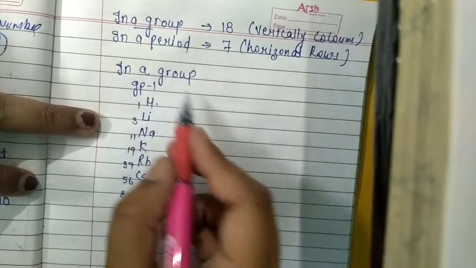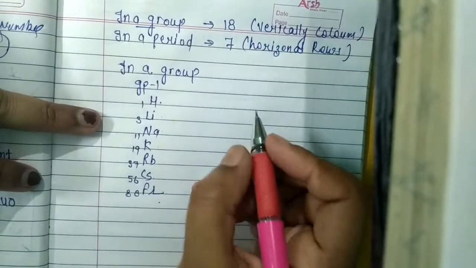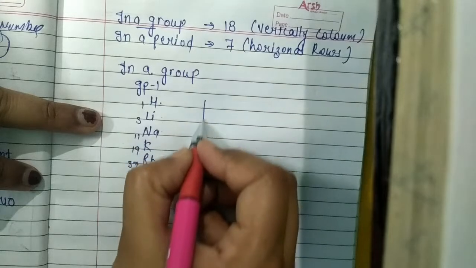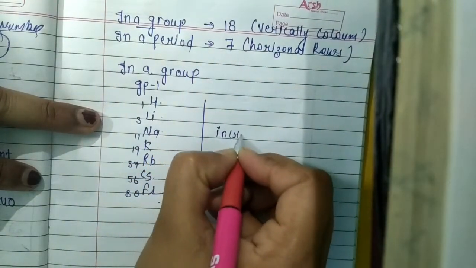When we are moving in a group, does the atomic radius increase, decrease, or remain the same? When we are moving from top to bottom in a group, the atomic radius increases.